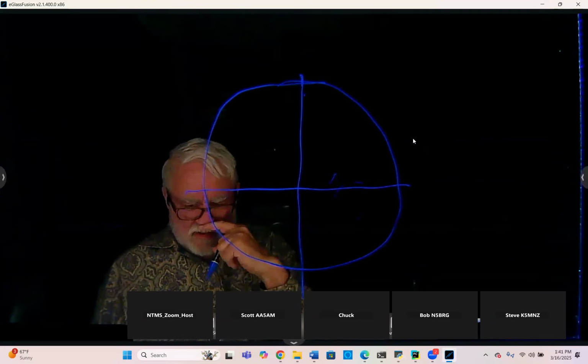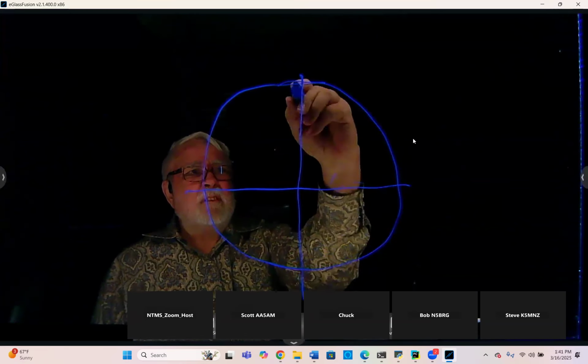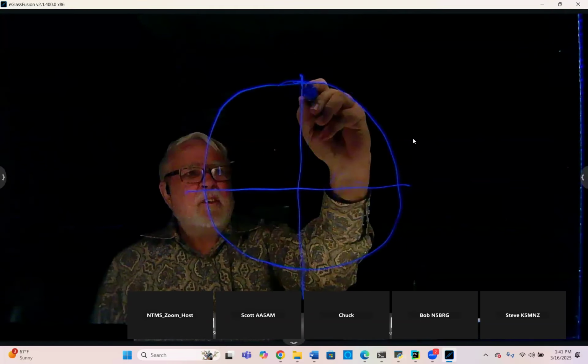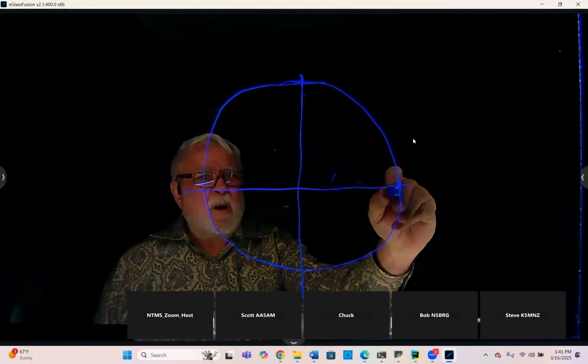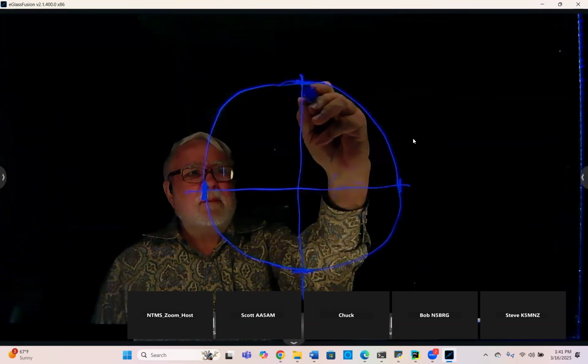So this is our complex plane. And let's say that each of these points is one. So this is positive one, this is minus one, and this is minus one, and that's positive one.